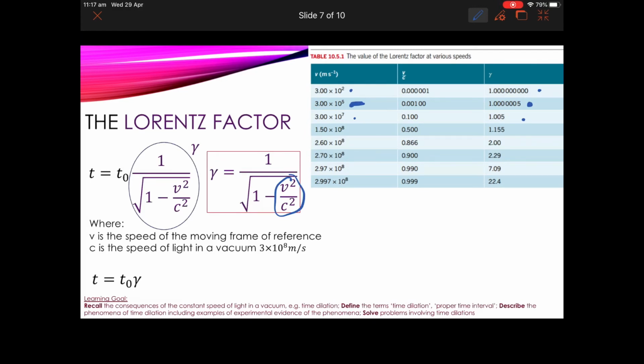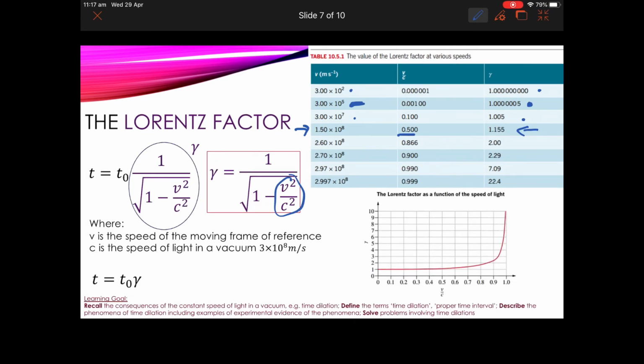This is an insanely high speed if we're to consider it in real life, but not when it comes to time dilation effects. In fact, it's not really until here, 1.5 by 10 to the 8 metres per second, which is half the speed of light, that we actually begin seeing some significant effects of special relativity. If I was to put that in a graph, I want to see how gamma changes as v is a function of c.